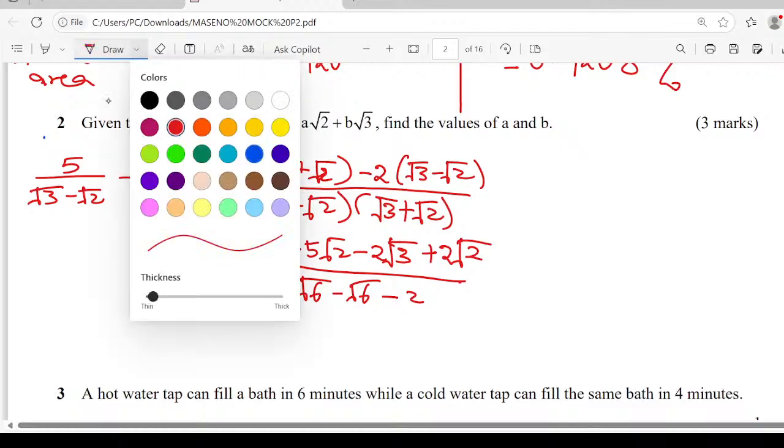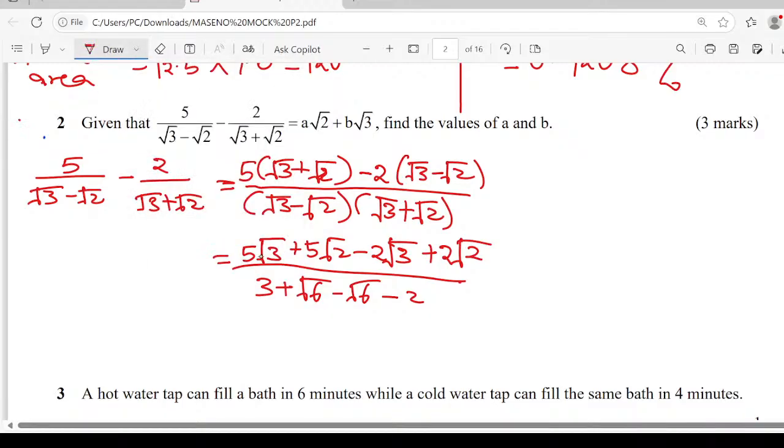Okay, let's proceed. So 5 root 3, when I collect my like terms, the first set I'm going to have 5 root 3 minus 2 root 3. How do you know that those are like terms? You look at the number that is inside the root. If they have a common number inside the root, then the two are similar.